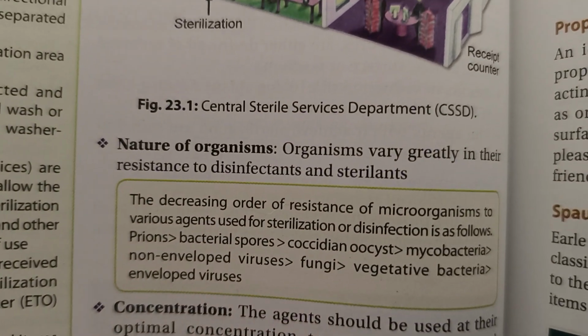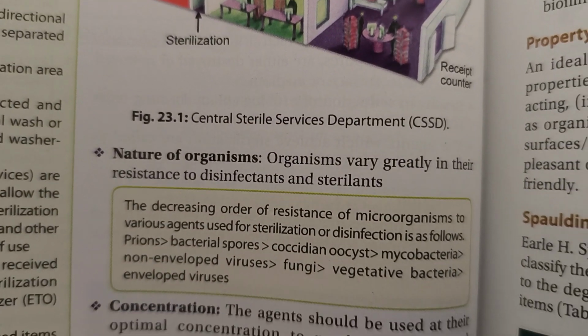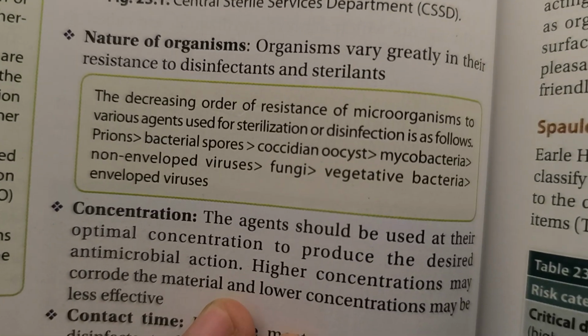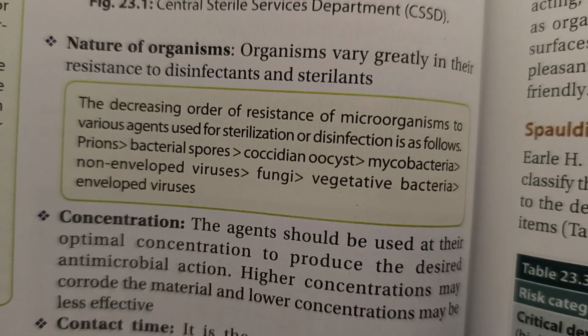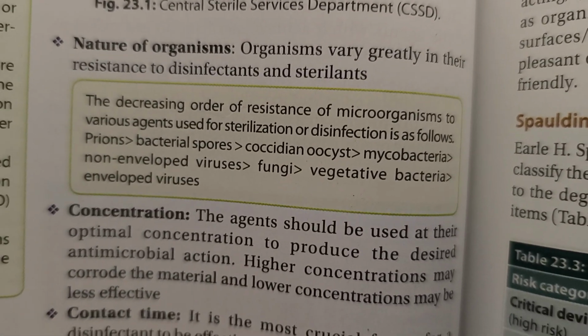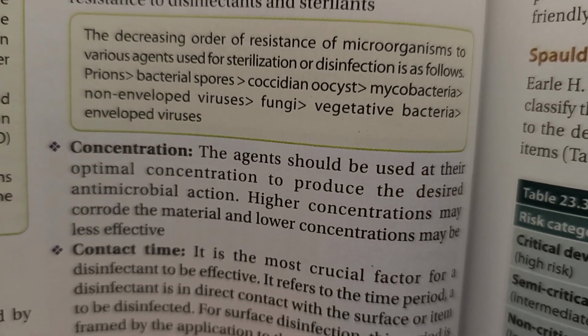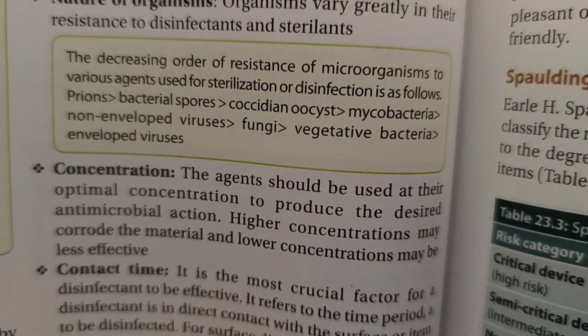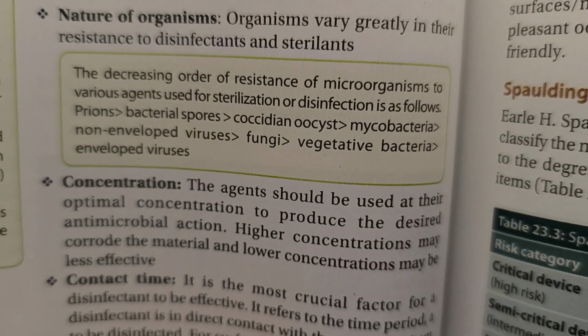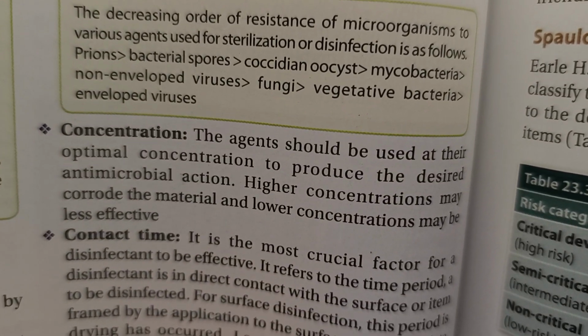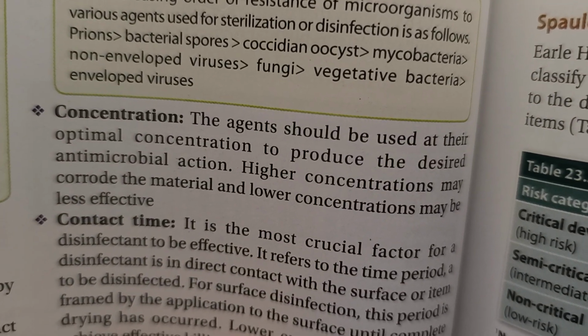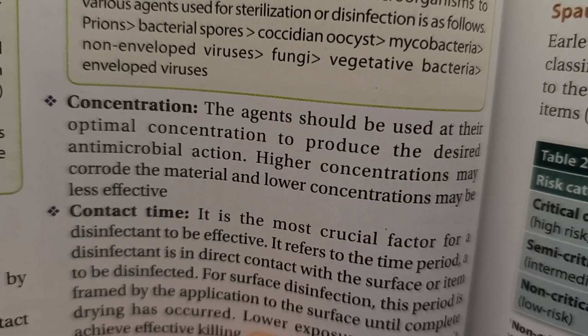So first is organism load, then second is the nature of organism. Organisms vary greatly in their resistance to disinfectants and sterilants. The decreasing order of resistance of microorganisms to various agents used for sterilization or disinfection is as follows.